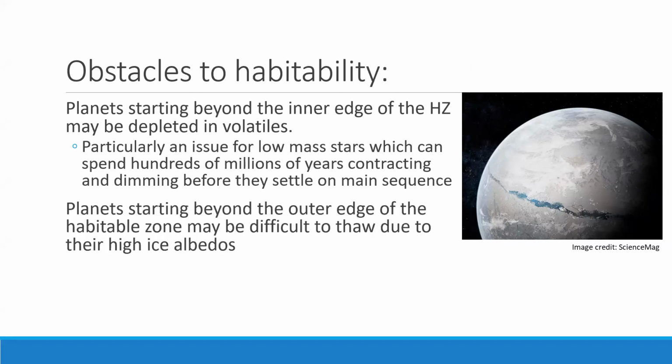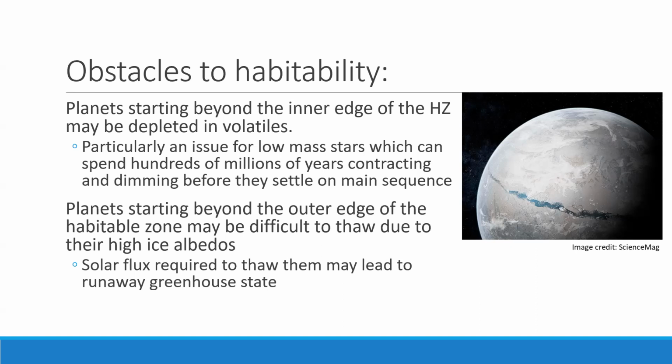And planets starting beyond the outer edge of the habitable zone may be difficult to thaw due to their high ice albedos. The solar flux required to thaw these planets may lead them directly to a runaway greenhouse state. And there's also an additional obstacle to habitability for these cold start or outer belatedly habitable zone planets, in that they have difficulty outgassing a sufficient atmosphere because they have a global ice coverage.